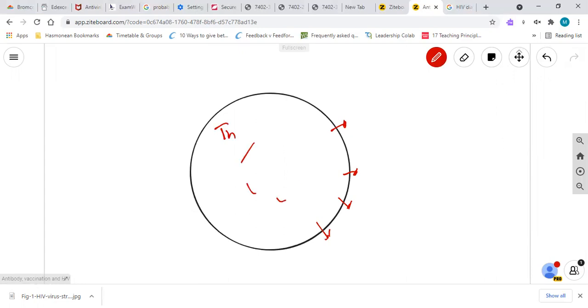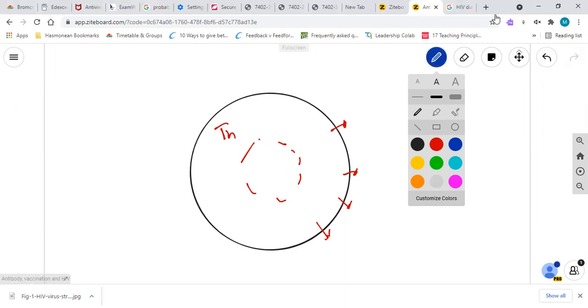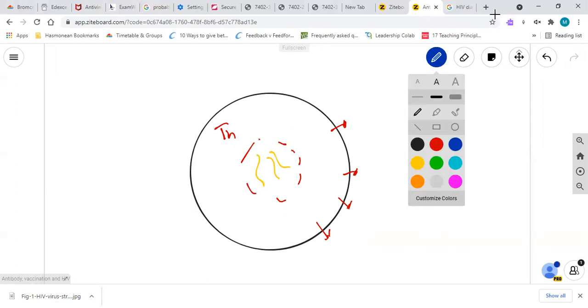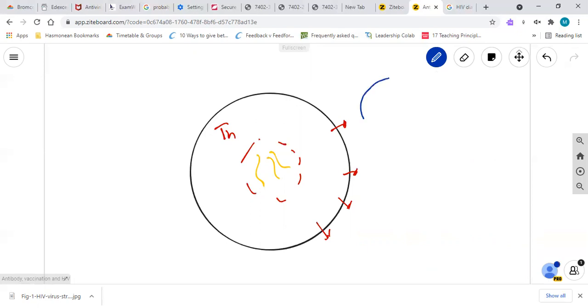We have the nucleus inside with its DNA. Just draw it like so. Not going to draw all 46 chromosomes. And then we have the virus, the HIV, okay, which looks like that with its attachment proteins and its capsid and its RNA and its reverse transcriptase.